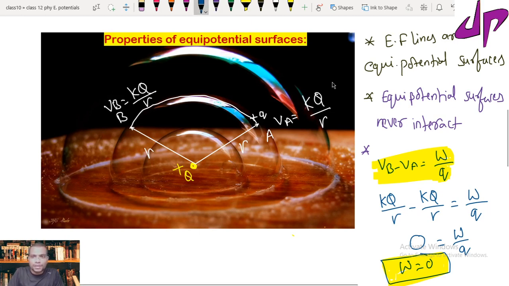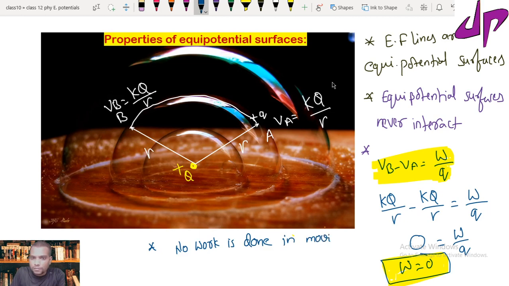That is a very important point. To mention it here: no work is done in moving a test charge over an equipotential surface.